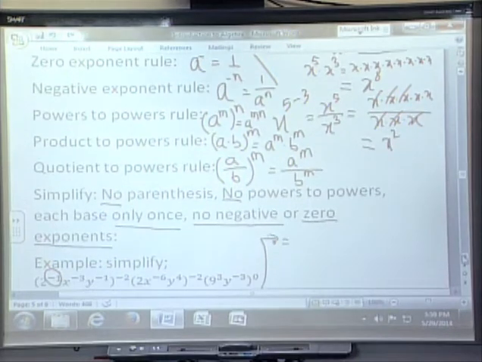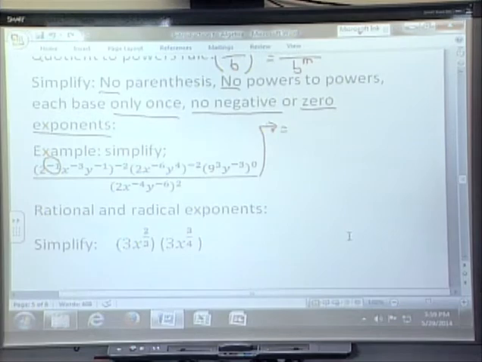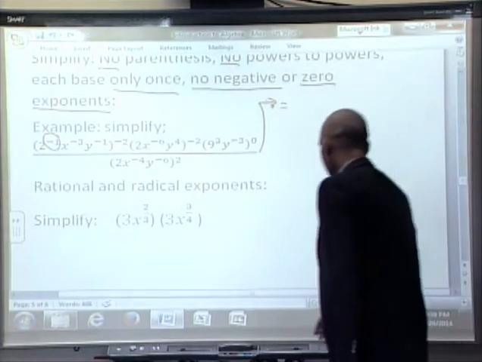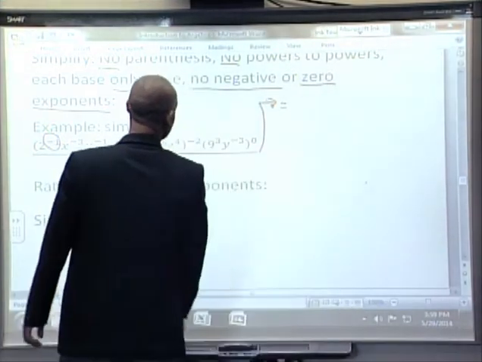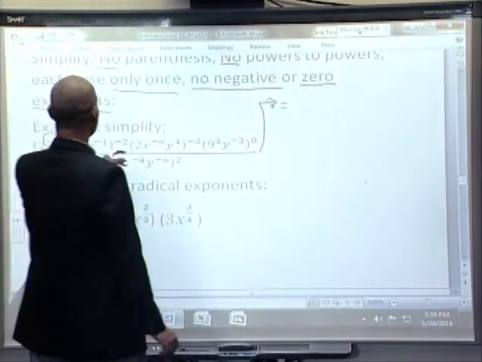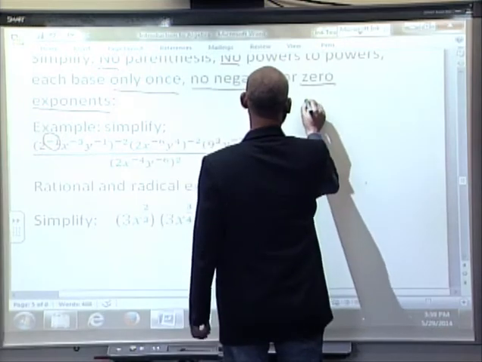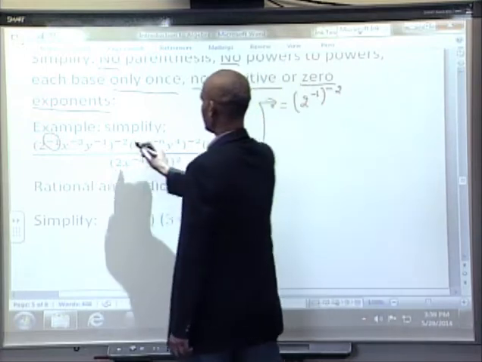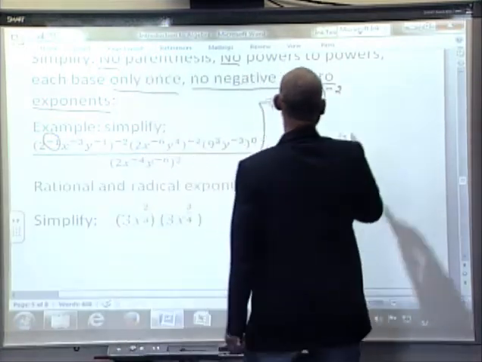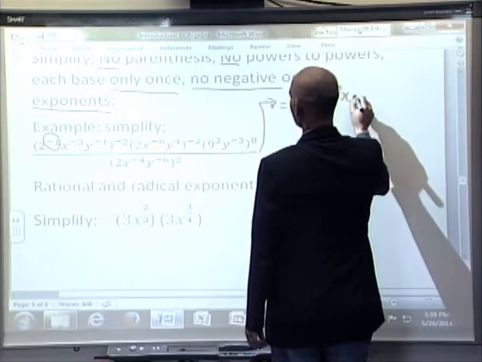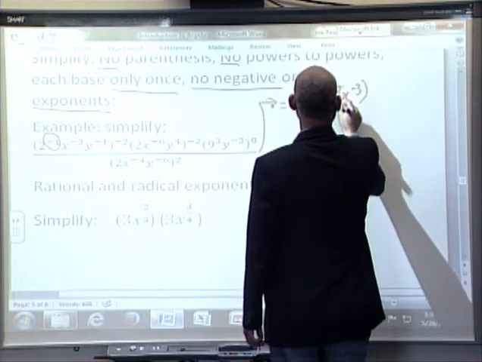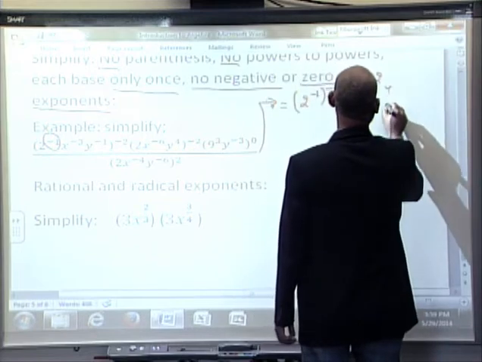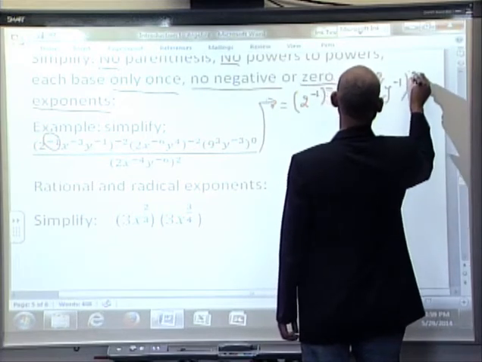According to this rule, the single exponent distributes to each of the factors, meaning that with this negative 2, we will get 2 raised to the negative 1 raised to the negative 2. This exponent goes to the first quantity, and x raised to the negative 3 and raised to negative 2, and y raised to the negative 1 and raised to negative 2.